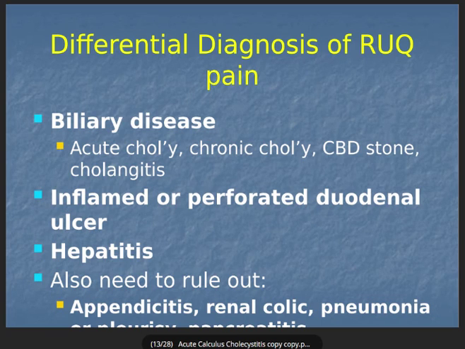Radiation to the shoulder can occur because it's the same, irritating the phrenic nerve. But you have to ask for history of hepatitis: exposure, previous surgeries, blood transfusion, and all the risk factors that you know of hepatitis. These are the two very important parts of the differential: perforated duodenal ulcer and hepatitis.